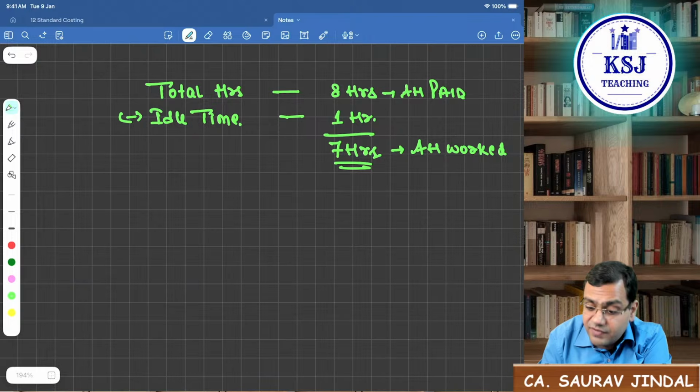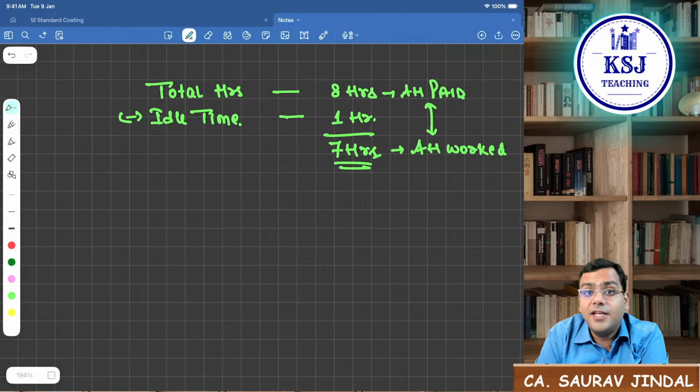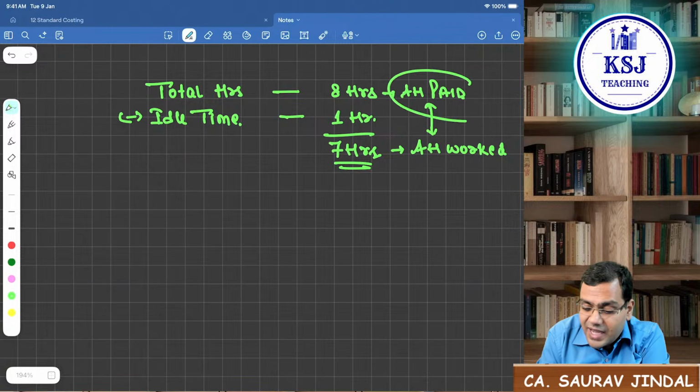If there is a difference between actual hours paid and actual hours worked, then the rate variance is on the basis of the rate that you are paying, so it will be on the basis of actual hours paid.